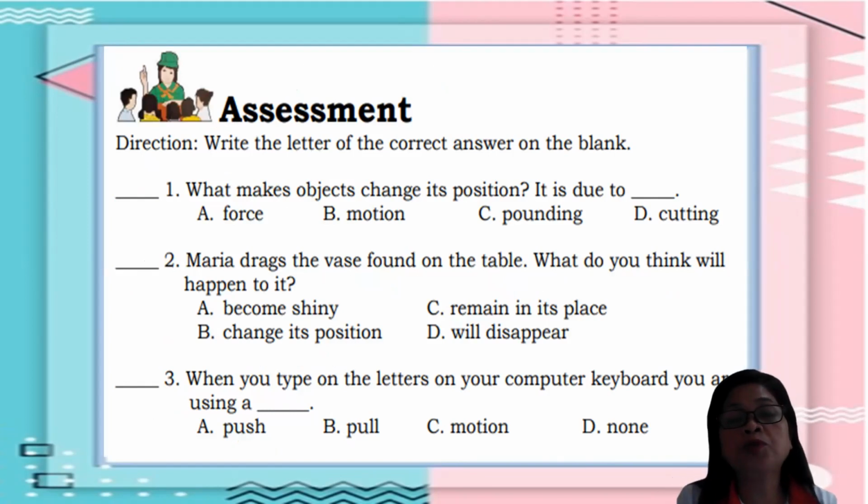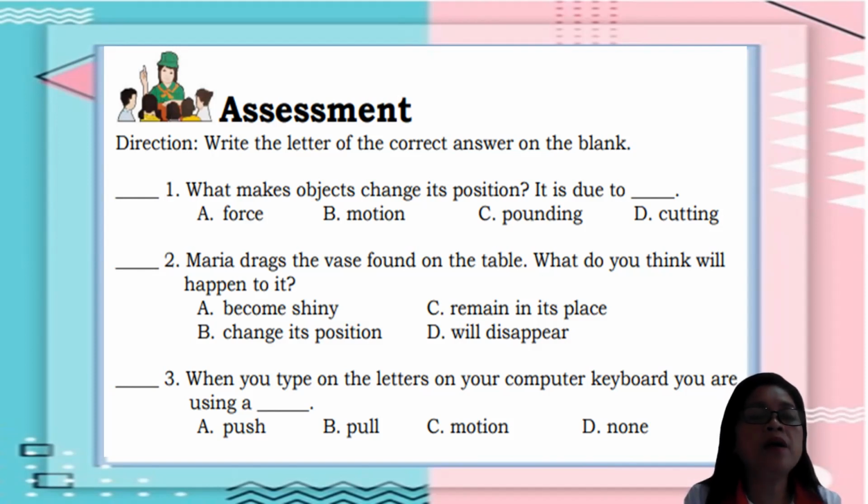What makes objects change its position? It is due to blank. A. Force. B. Motion. C. Pounding. D. Cutting. Correct. The answer is motion. Motion makes object change its position.